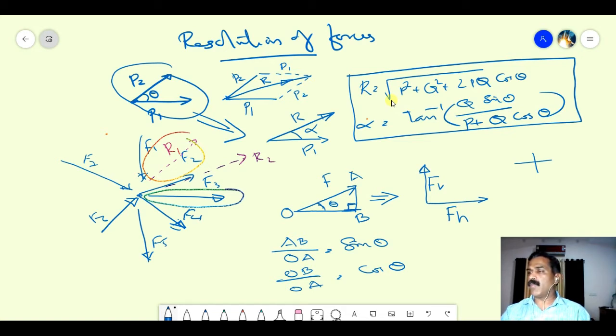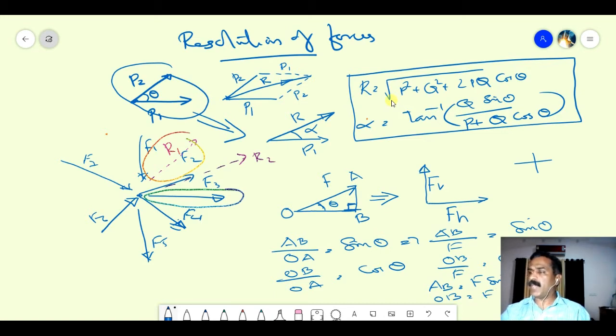Then what is OA? OA is F. So that will give you AB divided by F equal to sin theta and OB by F equal to cos theta. So from these equations, we can find AB equal to F sin theta and OB equal to F cos theta.